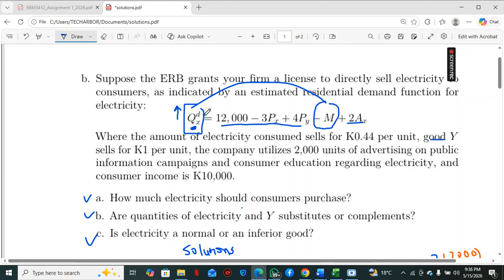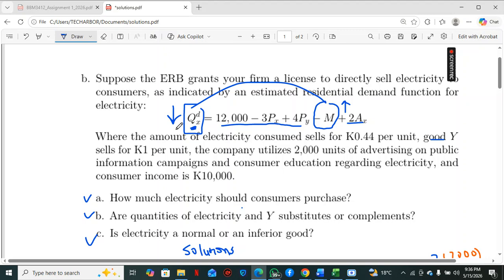Since there's a minus sign here, it means there is a negative relationship. Meaning, when consumers' income increases, quantity demanded for electricity goes down. So, electricity is an inferior good.